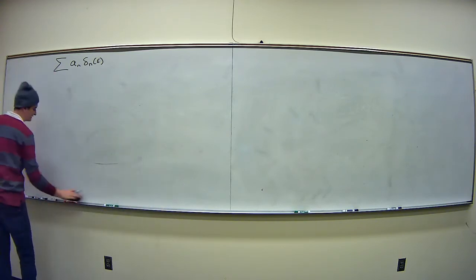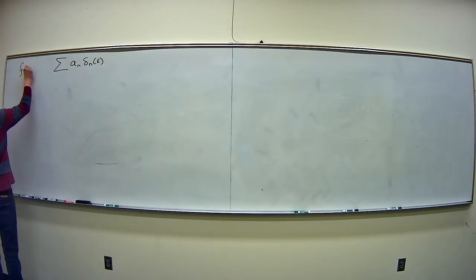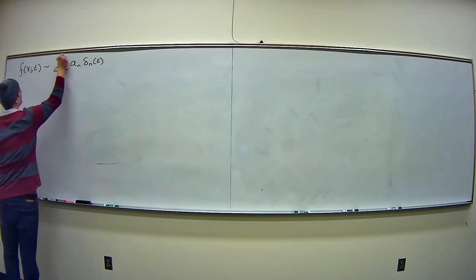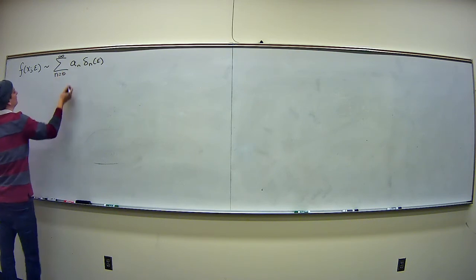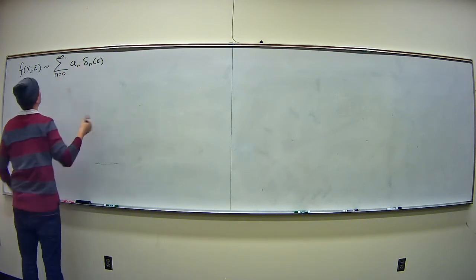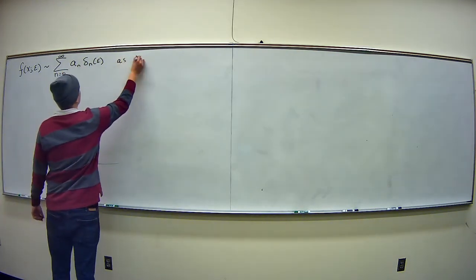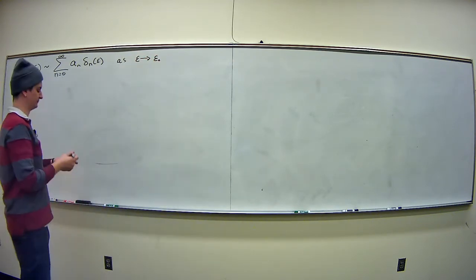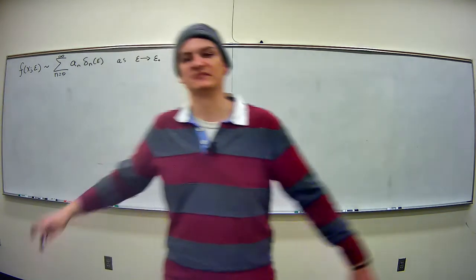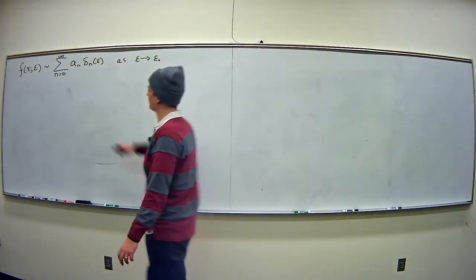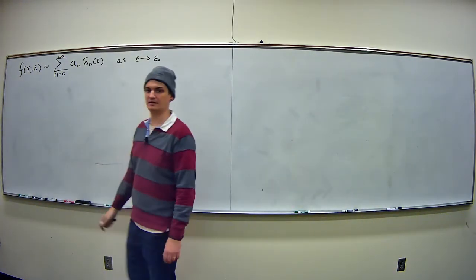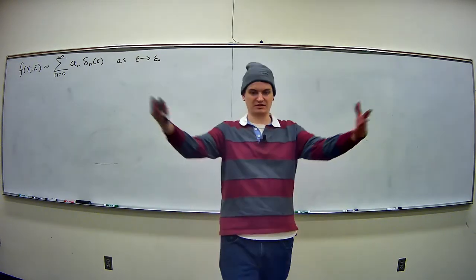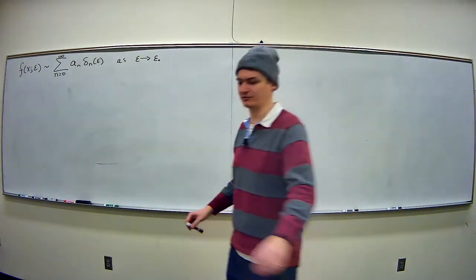I put a tilde there. So any function can be asymptotically approximated like this, given some asymptotic sequence. This will be true.